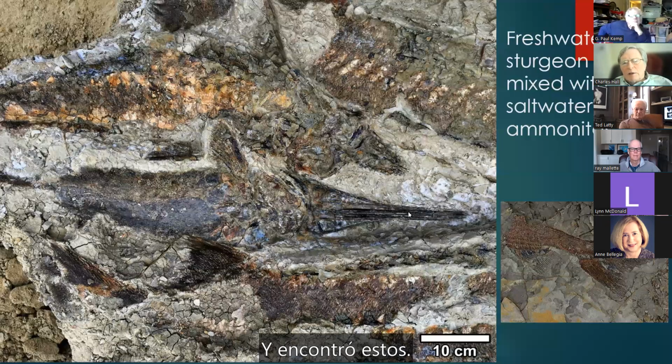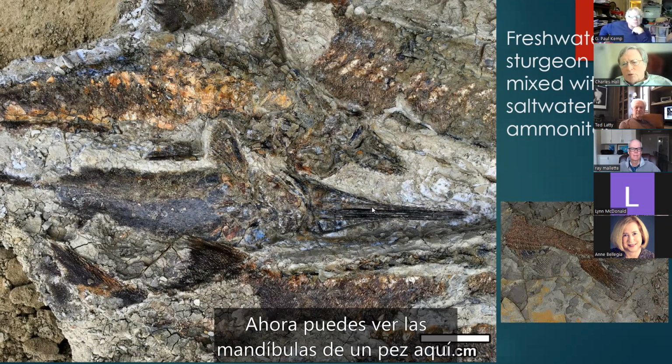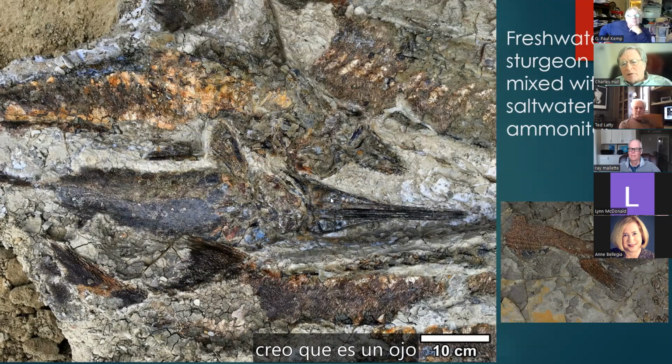And he found these big piles of fish. Now you can see the jaws of a fish here. I think that's an eye. There's a fin. Here's some other fins over here. Just hundreds and hundreds of fish piled up in a relatively small area.